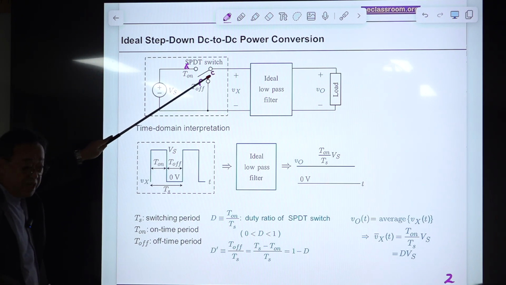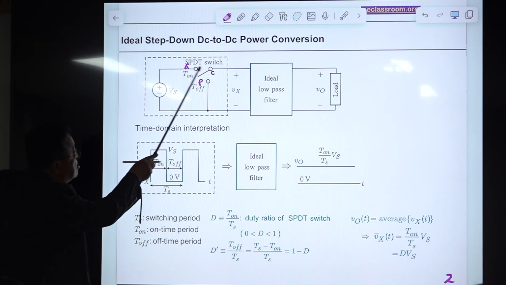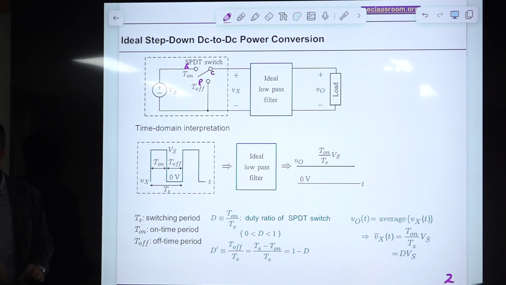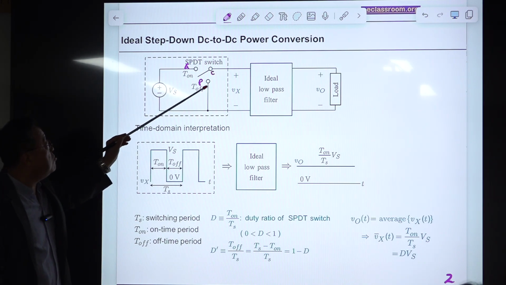It's not hanging like here; this state is not allowed. So it should be connected to this part or this part. It's called single pole because there is 1 pole, and there are 2 throws.